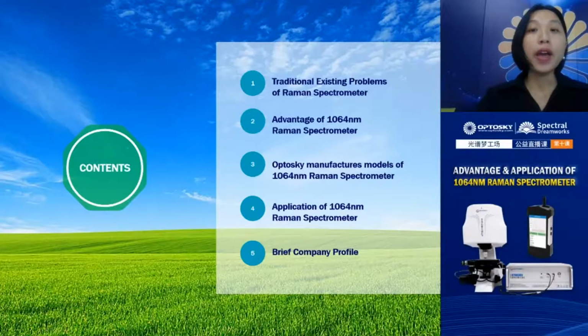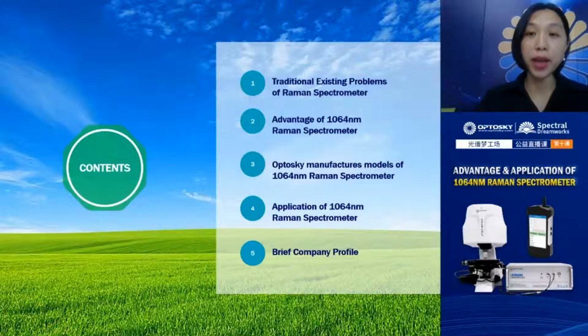Next, we are going to focus on the following 5 parts. Part 1 is the traditional existing problems of Raman spectrometers, and part 2 is the advantage of the 1064 nanometer Raman spectrometers.